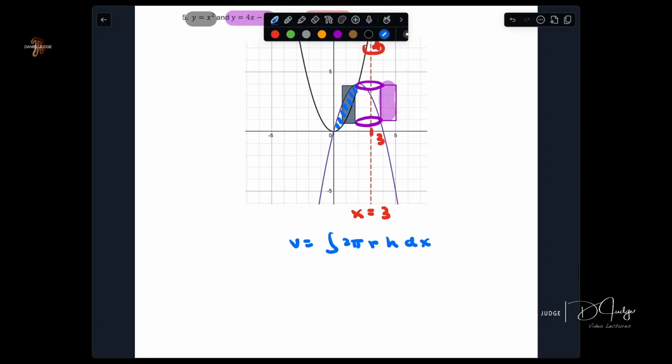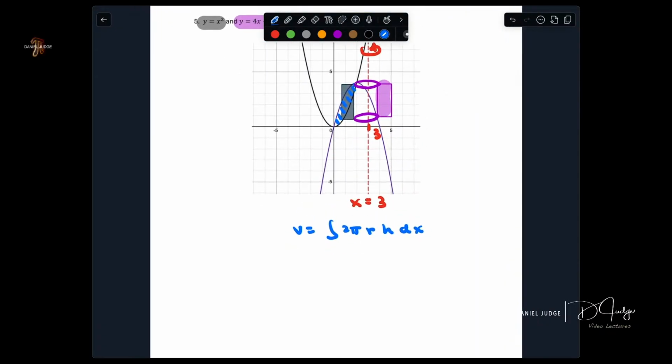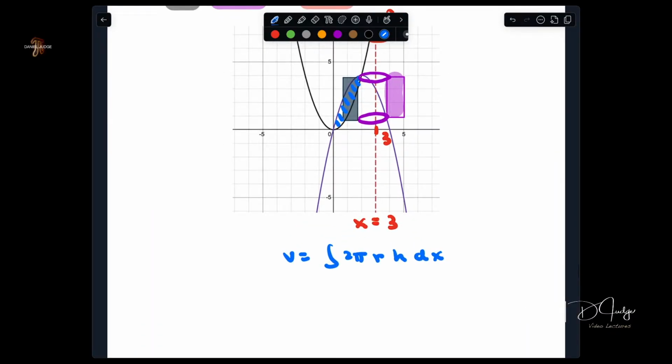All right, so we need the radius and we need the height now of the cylindrical shell. So let's be careful here now.